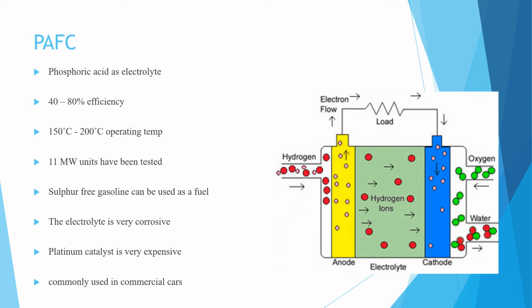Here, platinum is used as a catalyst. This fuel cell is commonly used in commercial cars. So here, students, is the picture of the PAFC, or phosphoric acid fuel cell.